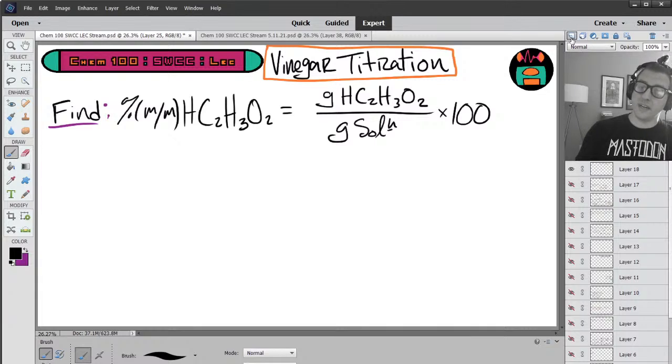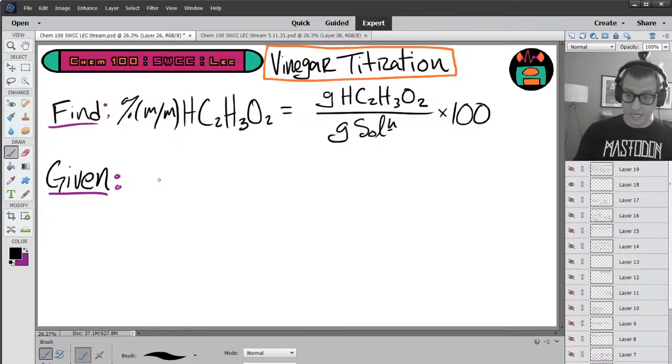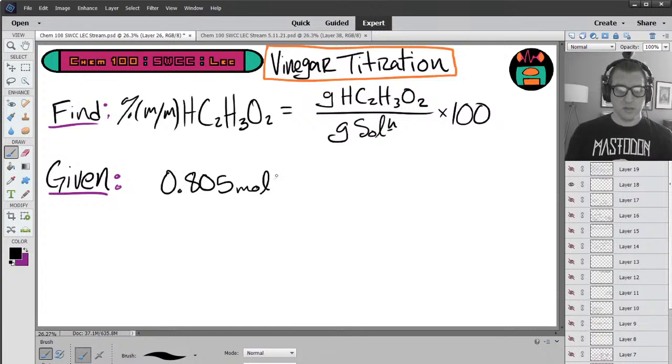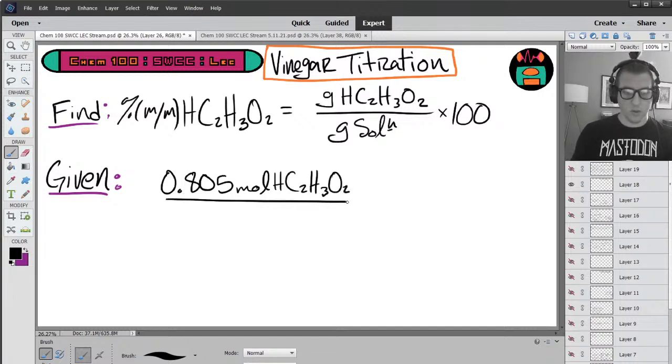All right, now what we're given here, we're given a molarity, which we just calculated, which is 0.805 moles of acetic acid over liters of solution.